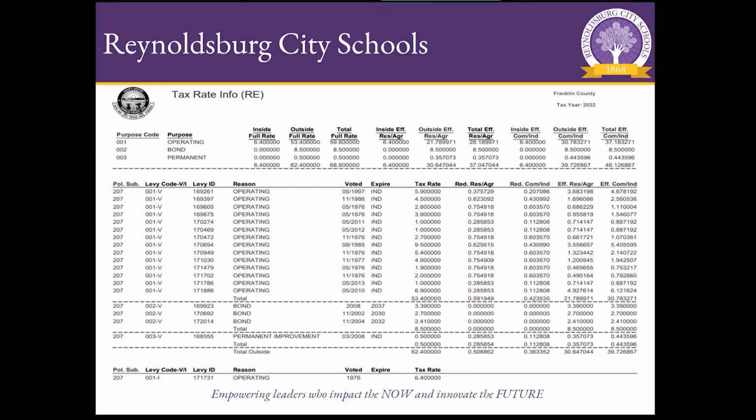On the other side of that, the commercial and industrial property is effectively taxed at 30.78 mils. It's what we're receiving on what was voted. So it's been reduced significantly from the 53.4 mils. And this reduction factor is why districts have to continue to ask their residents for more funds via levy. Typically, you see that every 3 or 4 years.